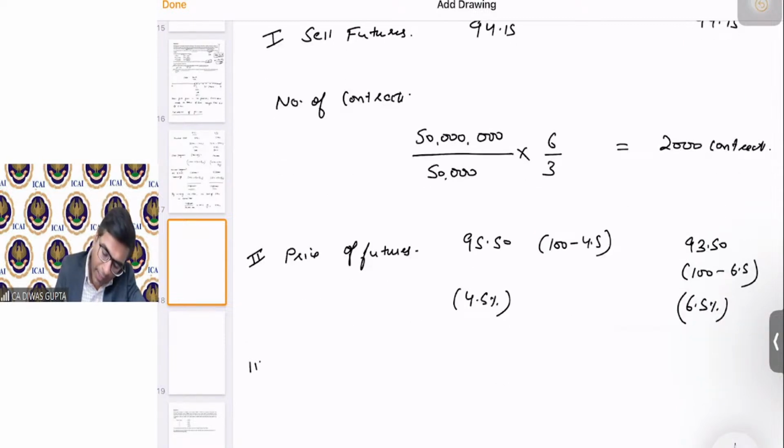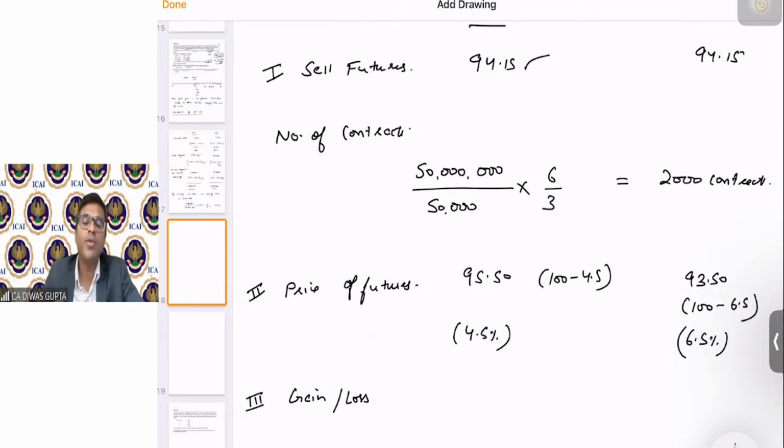So the third part will be gain or loss. Students, please note that we have sold the futures. If we have short sold the futures, any price increase will give me a loss. We have sold the futures at 94.15. Correct? We will purchase back our futures at 95.5, 3 months from now.